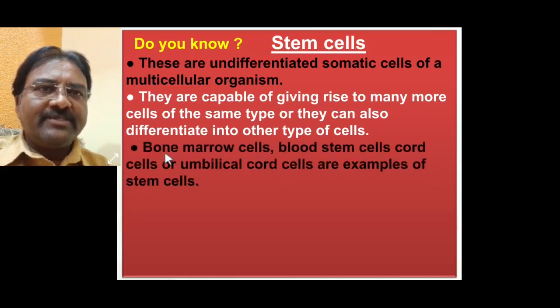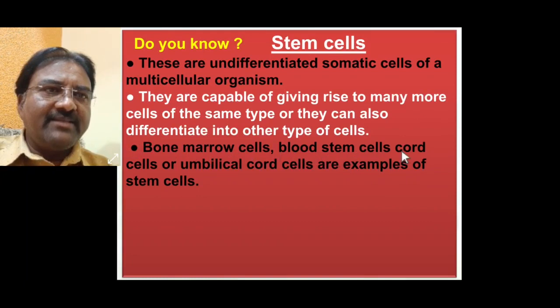The best example of stem cells are bone marrow cells. Bone marrow cells are present in bones. Blood stem cells, cord cells or umbilical cord cells are the best examples of stem cells.